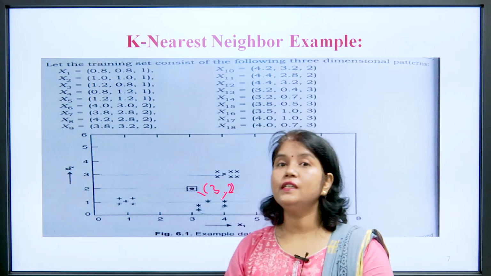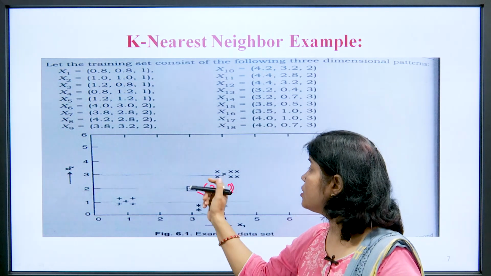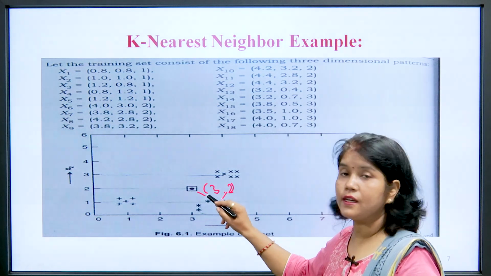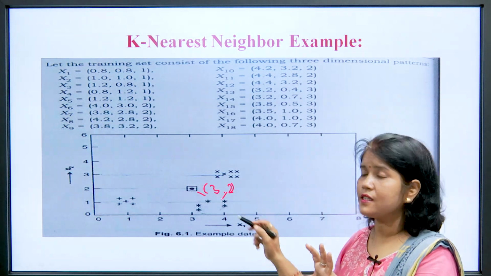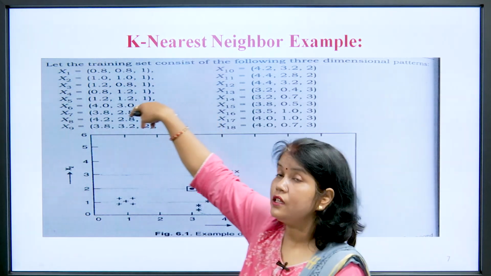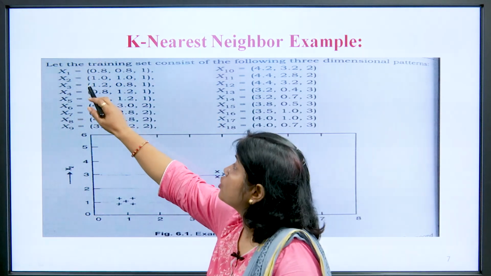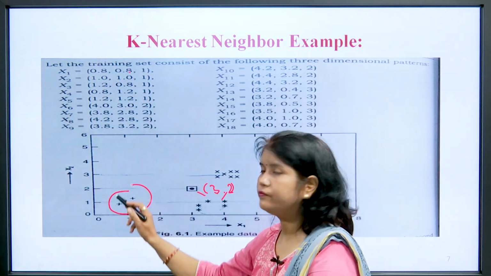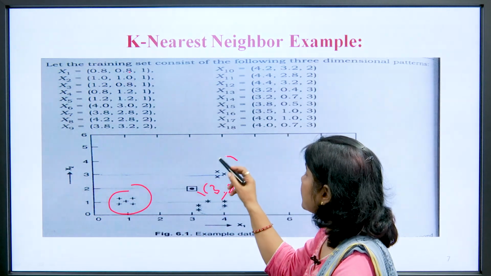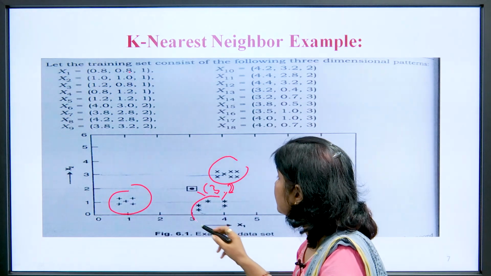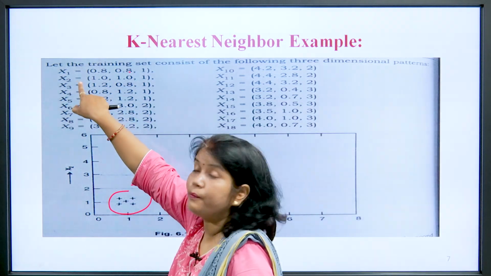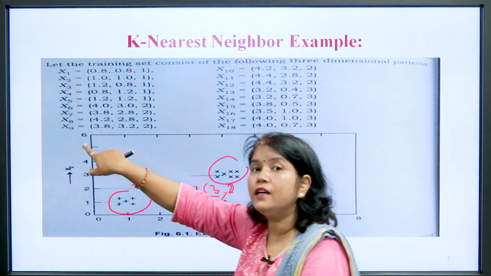So you will find the distance to set 1, set 2 and set 3. Sets mean classes: class 1, class 2, class 3, and this is shown here. x1 0.8, 0.8 is the first category, this is the second category and this one is the third category. This is the way you can show the data set.